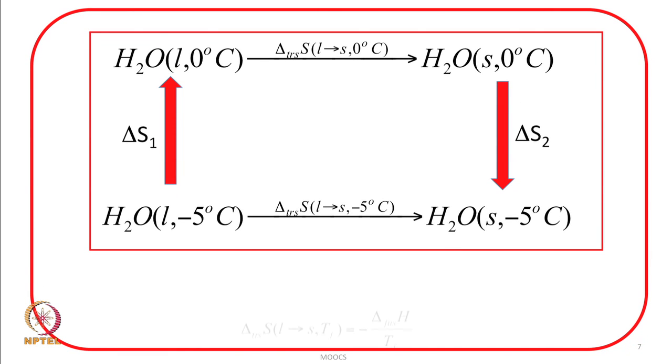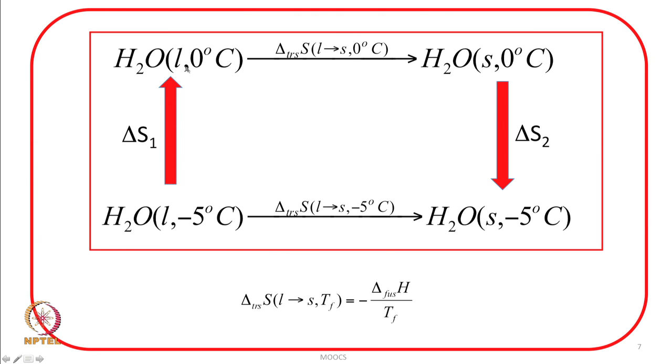After having this information, now we would like to calculate delta S for this phase transition. It is a simple phase transition at 0 degrees Celsius for water liquid to water solid, and for the phase transition, if you remember, the entropy of phase transition is equal to enthalpy divided by transition temperature, that we have discussed earlier.